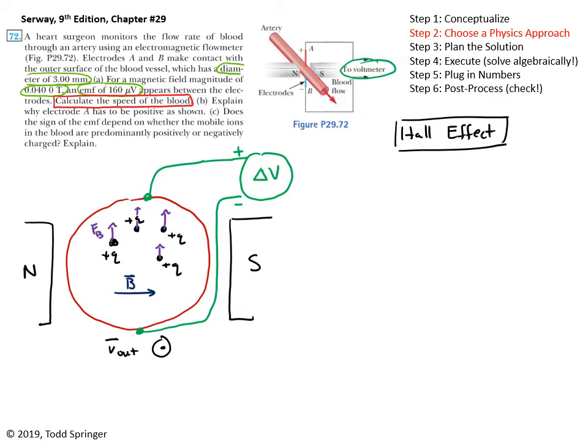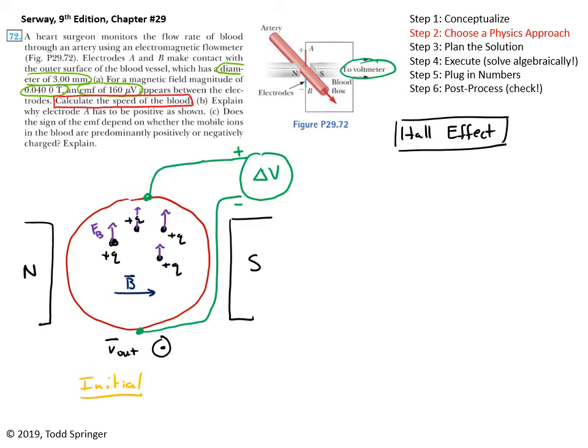So this is what happens initially. Let me call this the initial situation. The charges are coming through into this magnetic field, and they feel a force upward, and as a result, they get pushed upward.